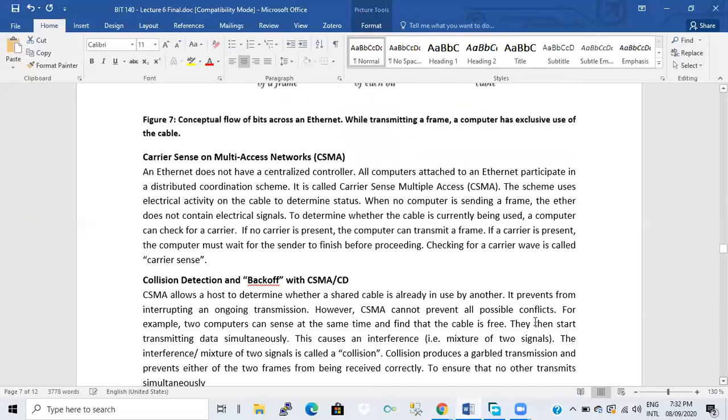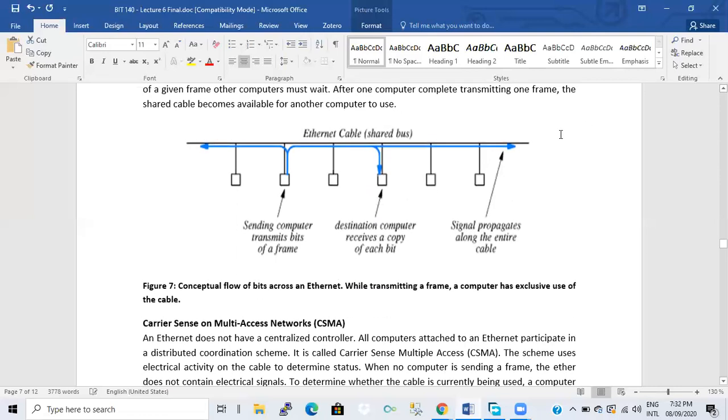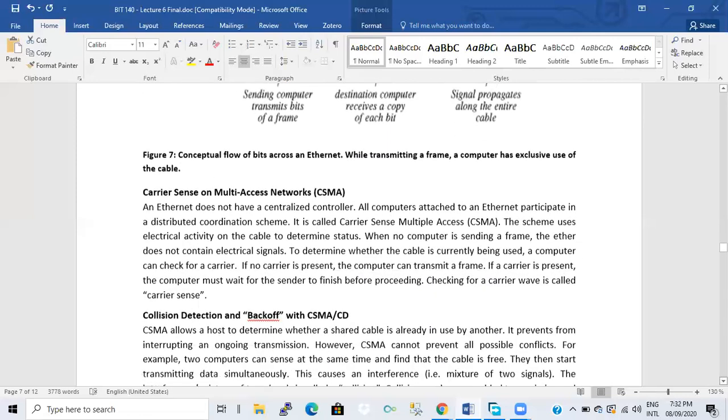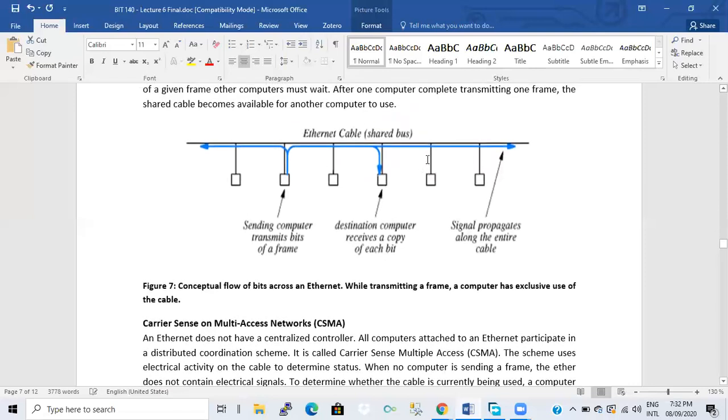So this is where we come to what is known as carrier sense on multiple access networks. This is a multiple access network where multiple computers are accessing a network. An Ethernet does not have a centralized controller. If you've seen in this Ethernet, there's no controller like we had in a star network where we have a hub.